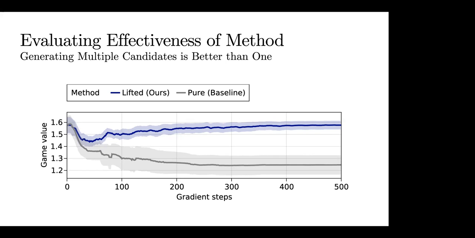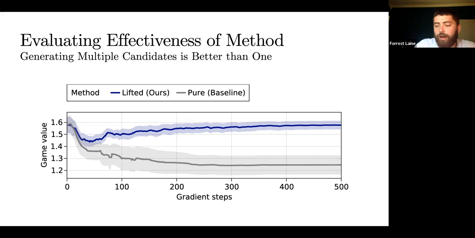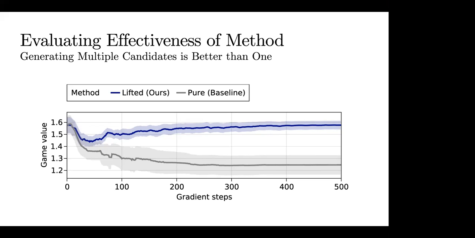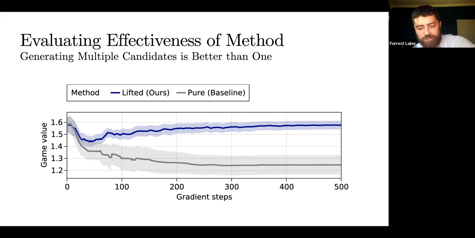Could you explain the definition of a game again? Yes. Different people will tell you different definitions, but mathematically, the way that I like to think about it is any collection of optimization problems that need to be solved together.